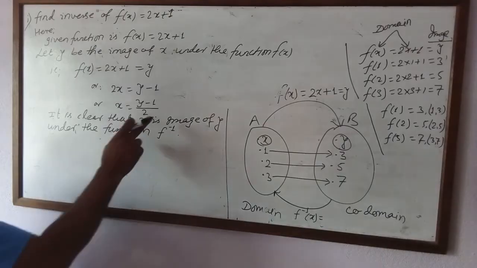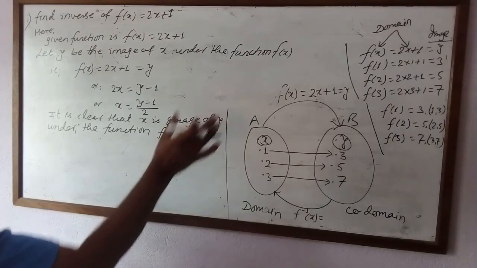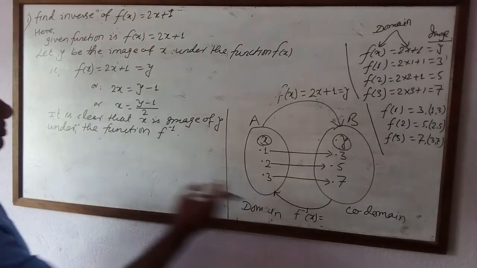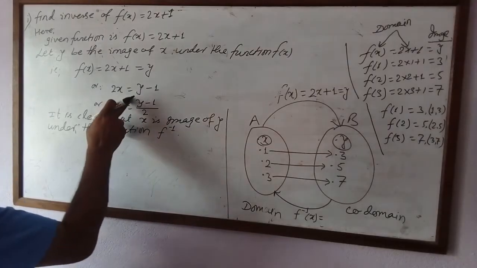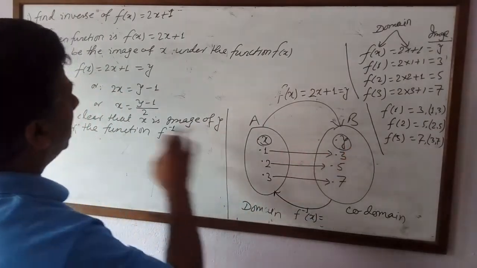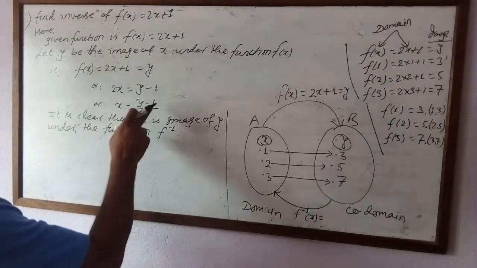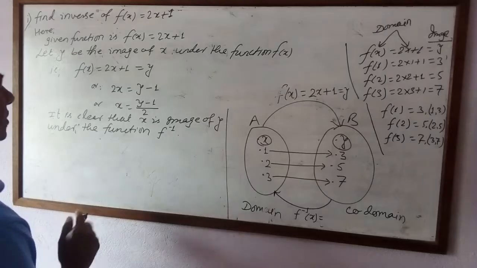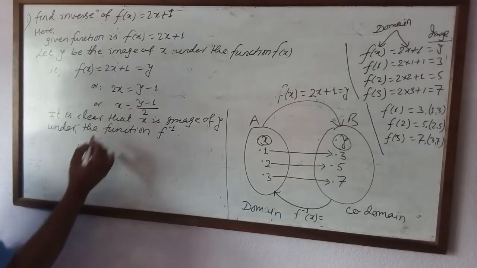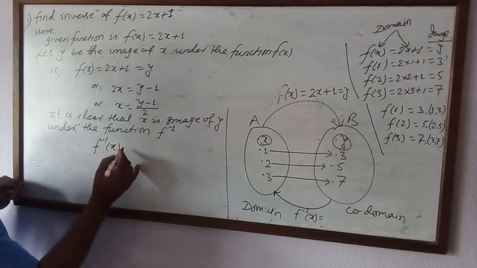It means, from the definition, because this is a function from here to here, it is clear that this is a function x gives to y. Now here is y gives to x, just the opposite, and from the definition we can say this is the inverse. Therefore we write f inverse x directly.